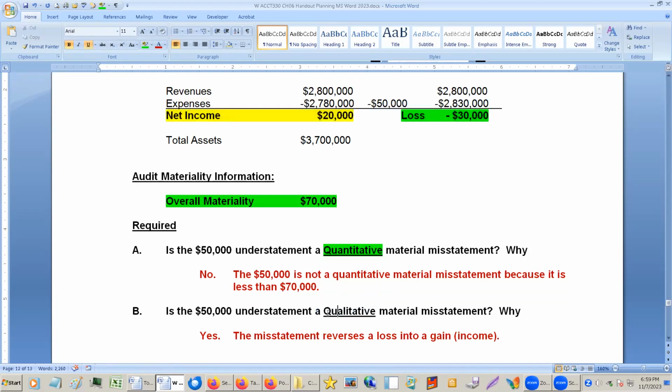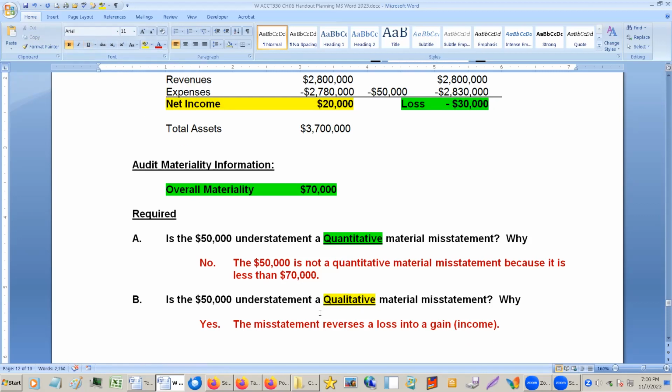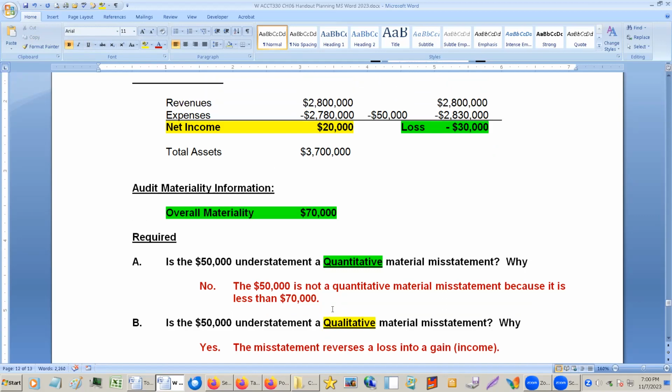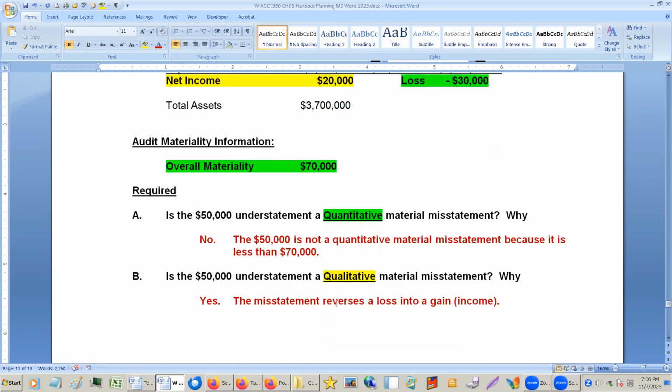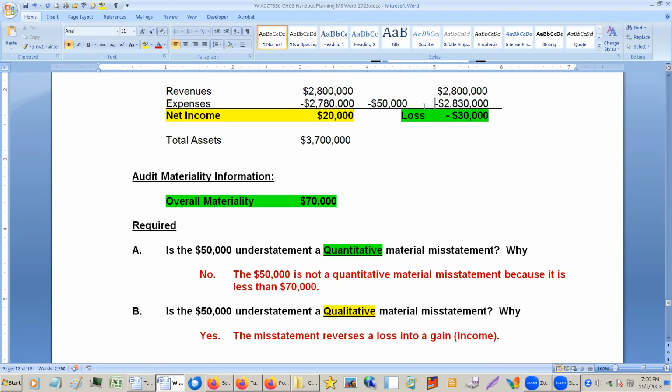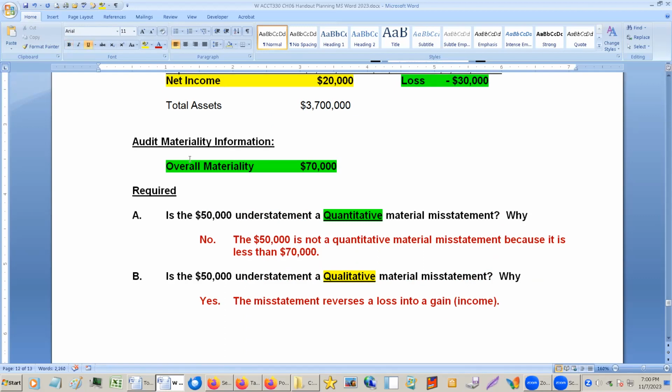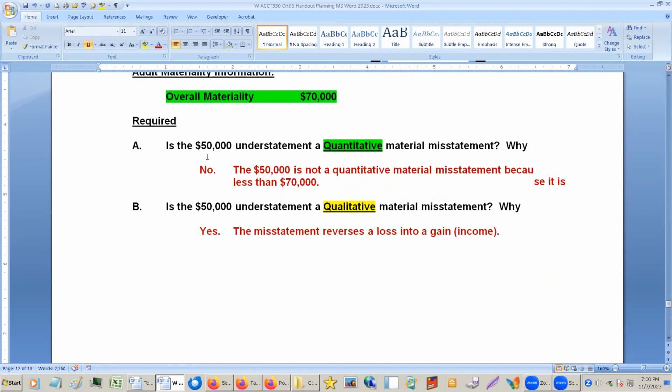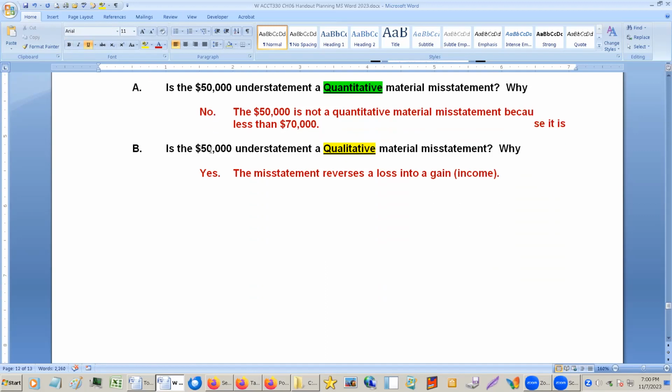Okay, so qualitatively, this is most likely going to be considered a misstatement, because it changes a company that's losing money to a company that's making money. Even though it's not very much, maybe it still has a different connotation.